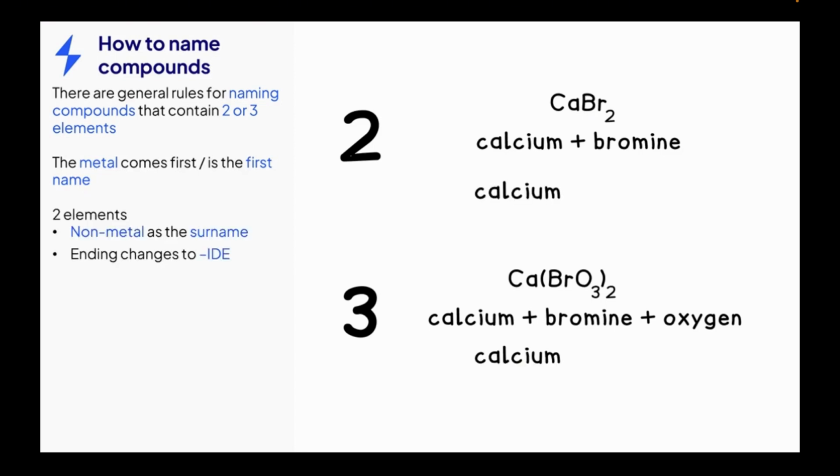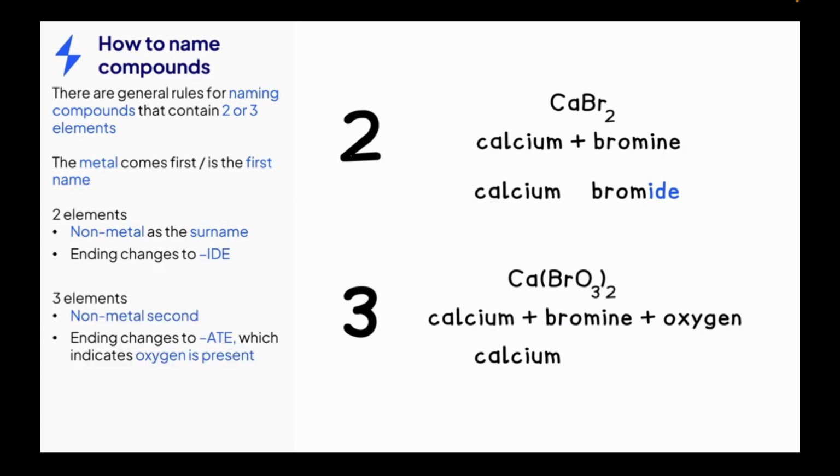CaBr2 contains 2 elements, which means that the non-metal bromine is the second name or surname. The element bromine changes to bromide to show that it is chemically bonded in a compound. This means that CaBr2 is calcium bromide. CaBrO3 twice contains 3 elements, which means that the non-metal bromine is the second name or surname of the compound.